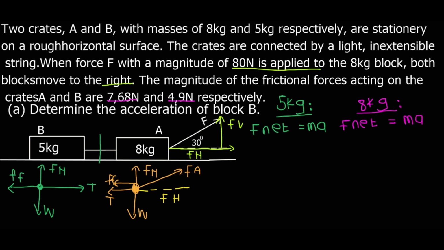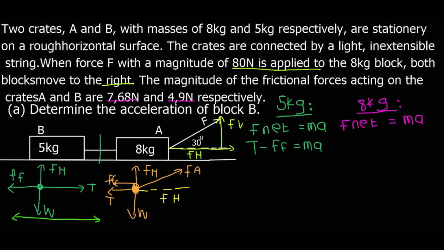So for this Fnet, we look at the forces that act parallel to the direction of motion. So this tension, and then this friction, and the tension is in this direction, the direction of motion, positive. So from there it is T minus friction, equal to MA.